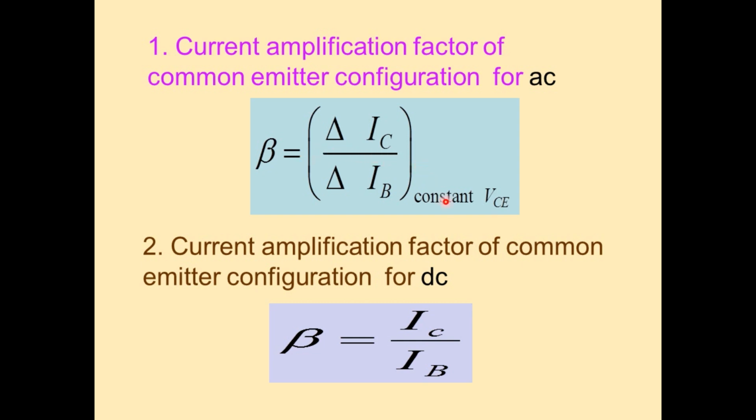So the current amplification factor for AC is defined when we maintain a constant VCE. The ratio between change in collector current to the change in base current is defined as current amplification factor. For AC, it is denoted by beta. Beta equal to delta IC by delta IB.